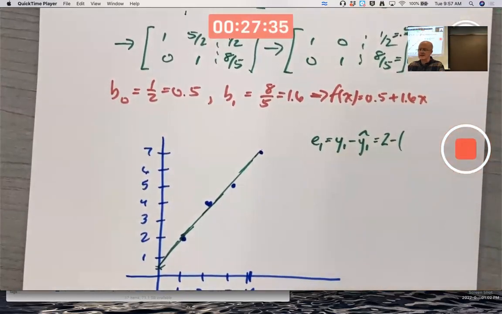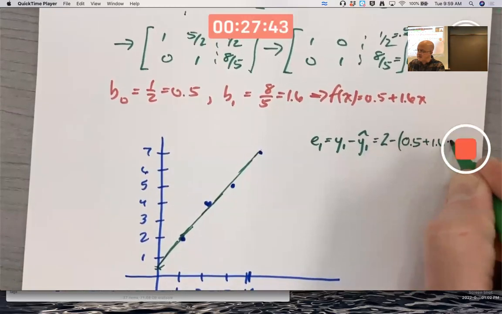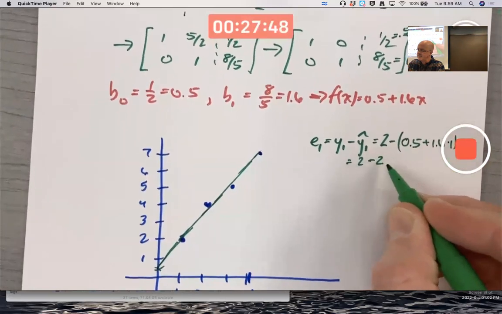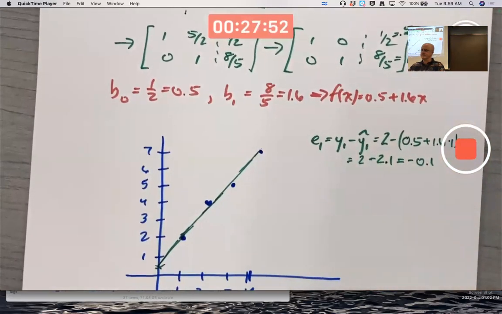Plug in x equals 1 into that. 0.5 plus 1.6 times 1 is going to be 2.1. 2 minus 2.1, negative 0.1 is the residual, the first residual.